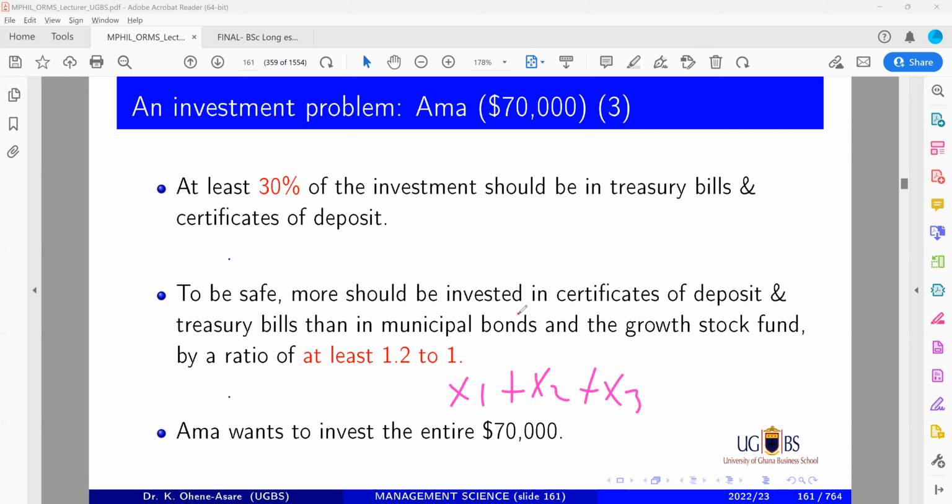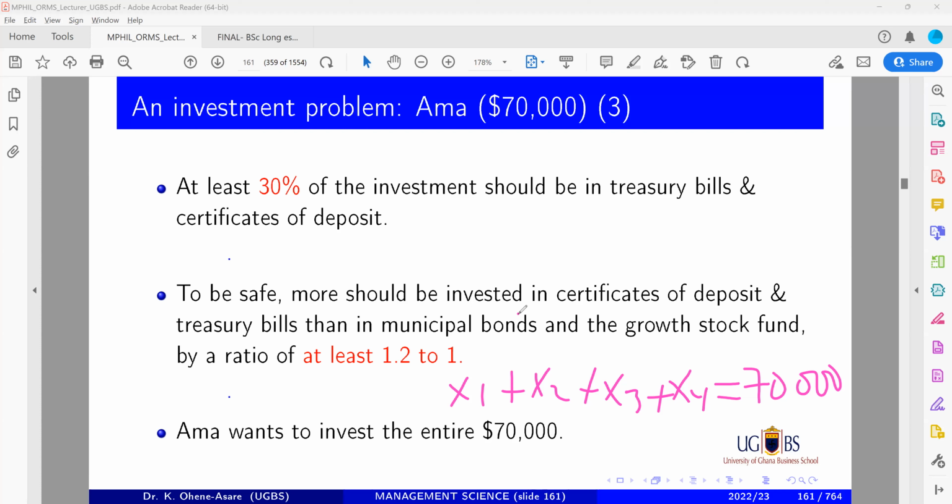Why is it not less than or equal to $70,000? Because he said he wanted to invest. The investment should be equal to, from the question, Amma wanted to invest everything.